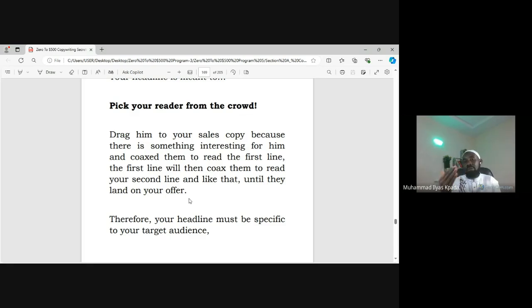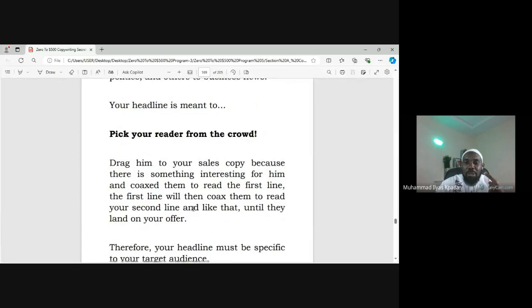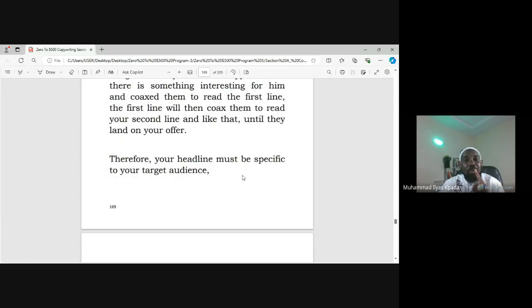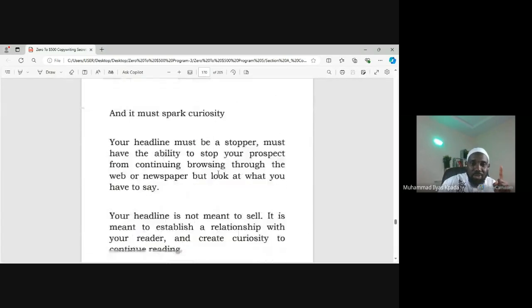He called them seeds of curiosity. What do those seeds of curiosity do? They intrigue you to check the subsequent lines. So your headline is designed to get the person's attention and then move the person to read the first line. Therefore your headline must be specific to your target audience.